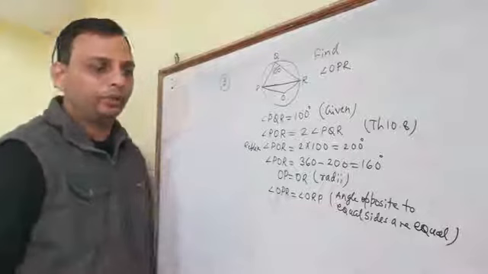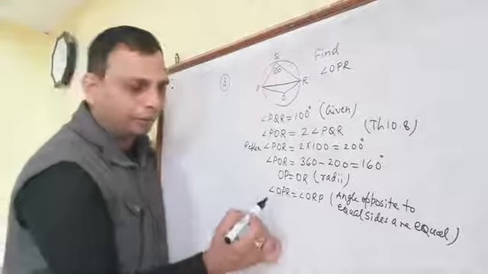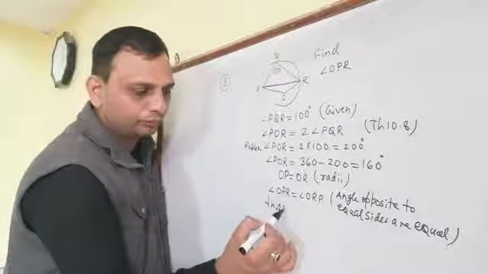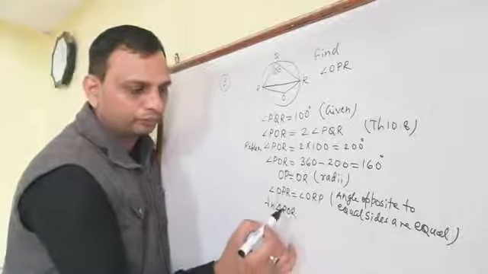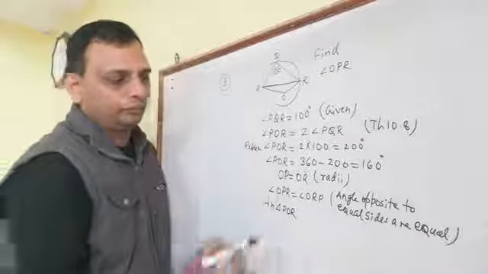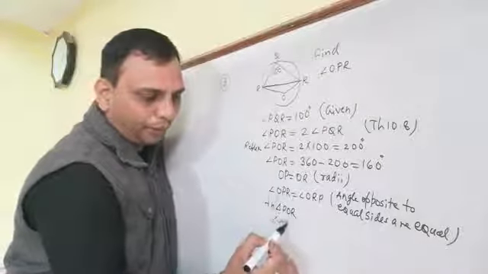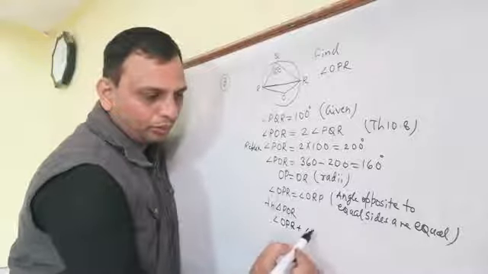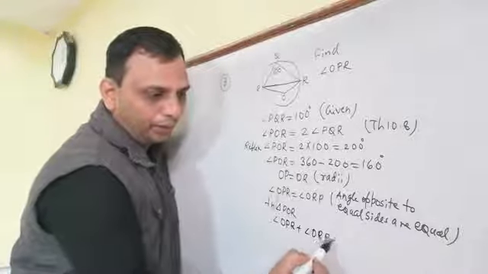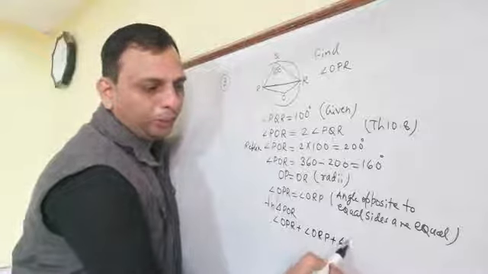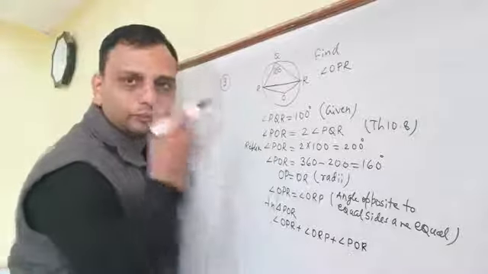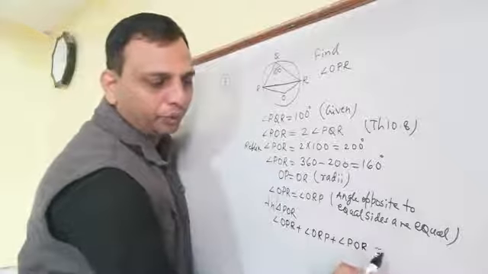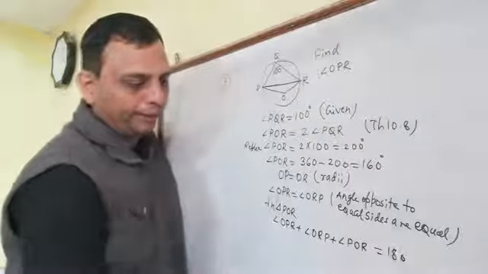Now we will take triangle POR: OPR, ORP, and POR. All angles sum is equal to how much? 180.